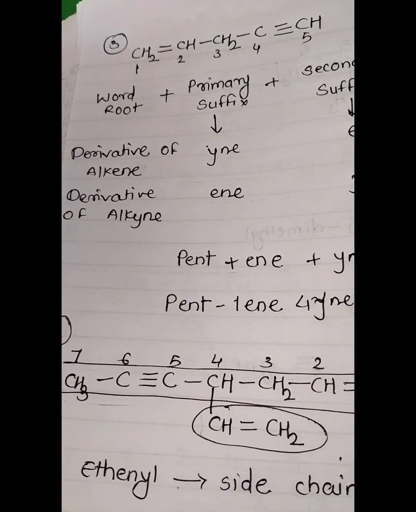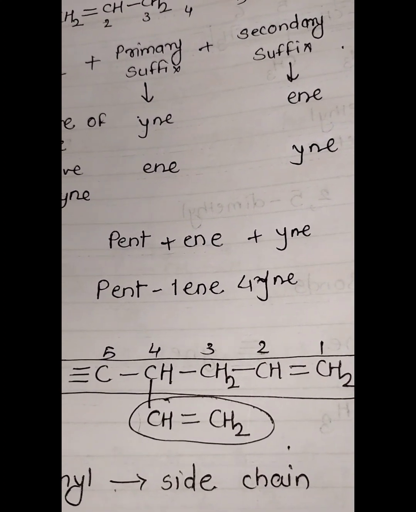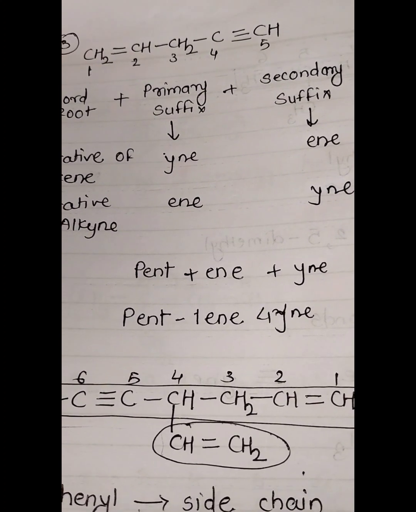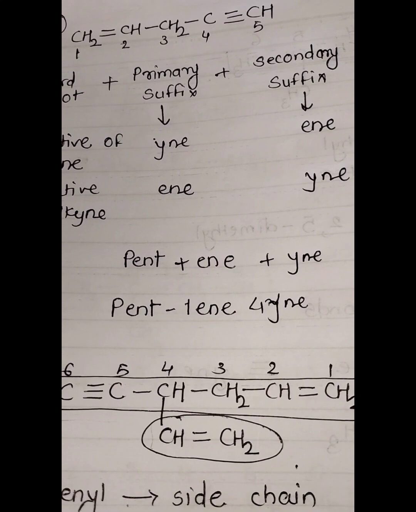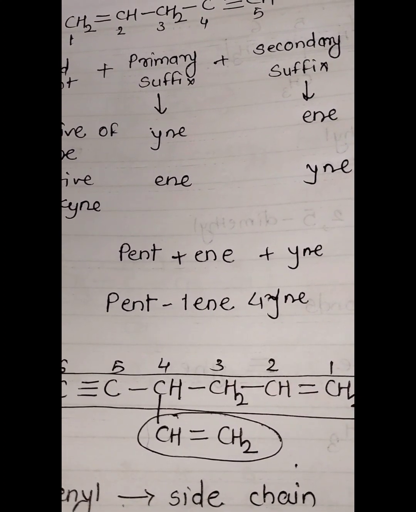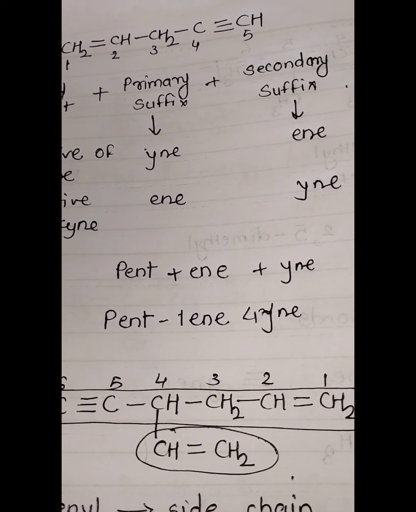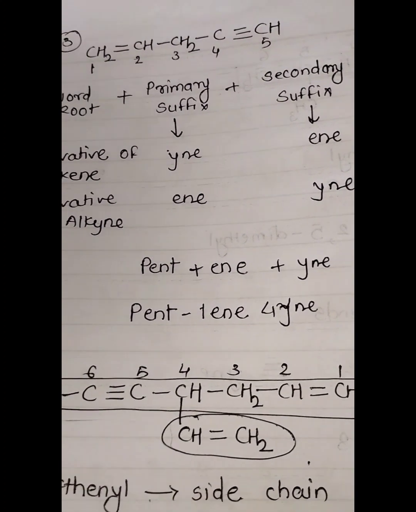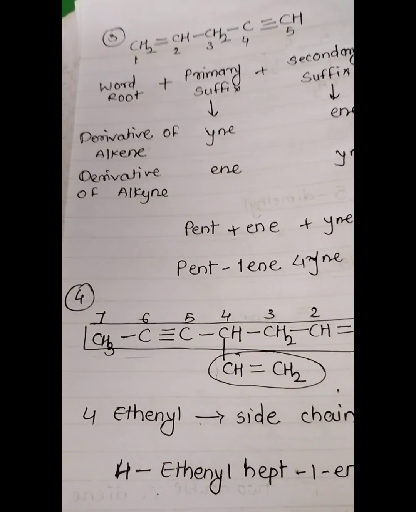So here there are 5 carbons, so pent. The double bond is at the first carbon, so 1-ene, and the triple bond is at the fourth carbon, so 4-yne. So the name of the compound is pent-1-en-4-yne.